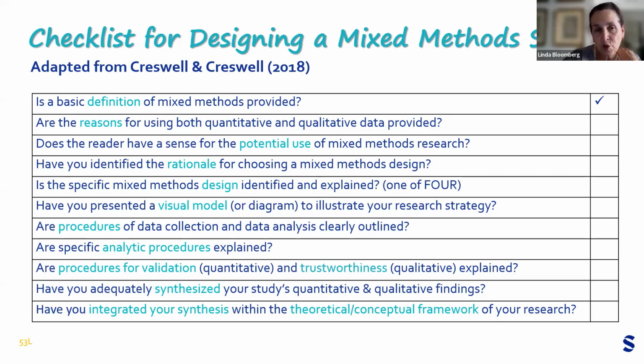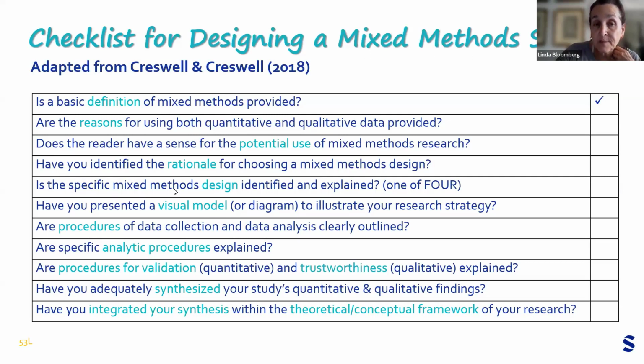Are the reasons for using both qualitative and quantitative data provided? Does the reader have a sense of the potential use of the mixed methods research? Have you identified the rationale for choosing the mixed methods design in the first place? Remember, if you are considering mixed methods, you would have to stipulate in your dissertation why you're choosing mixed methods, for what reasons, as opposed to qualitative or quantitative.